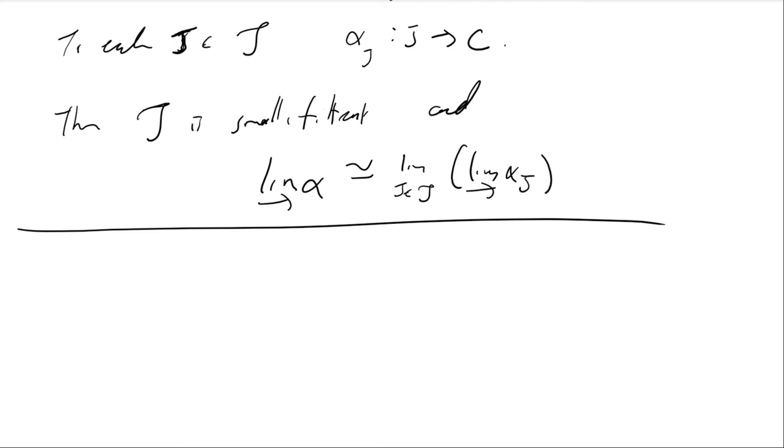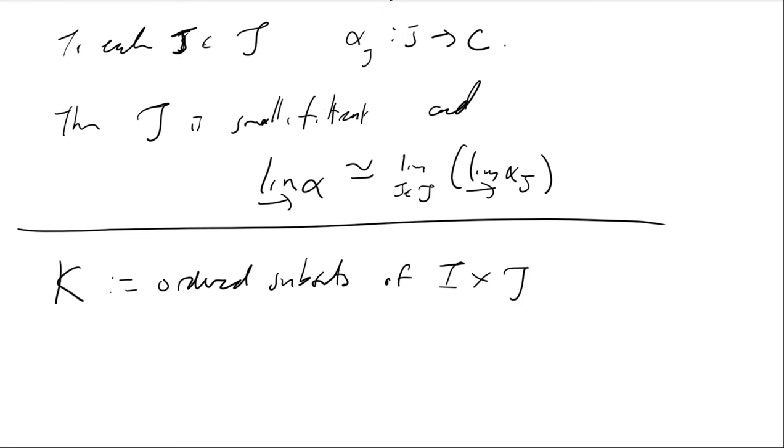So to that end, what you should do is take the set K of ordered subsets of I cross fancy J, consisting of pairs (i, J) with i in J. I think of this as like the tautological subset here.